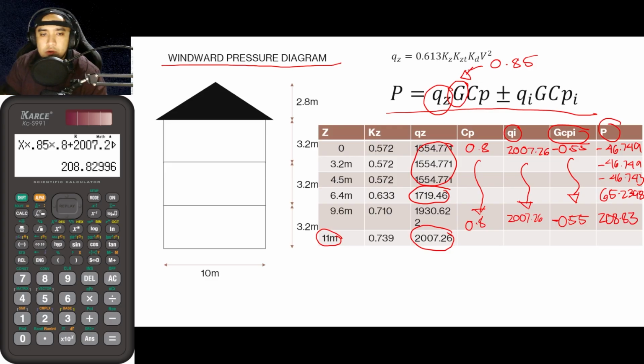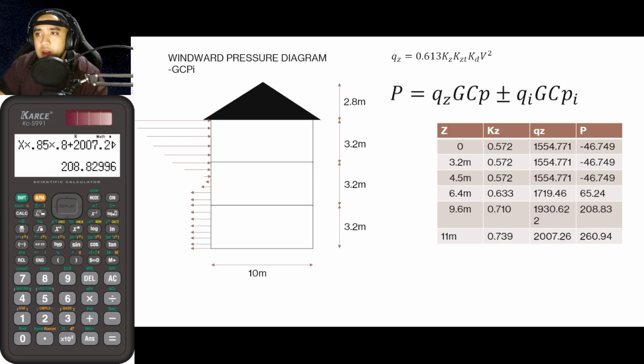From that, guys, if you would be graphing them, it would actually look like this. At Z equal to 0, the pressure is equal to negative 46.749. A negative value indicates that it is a suction pressure.